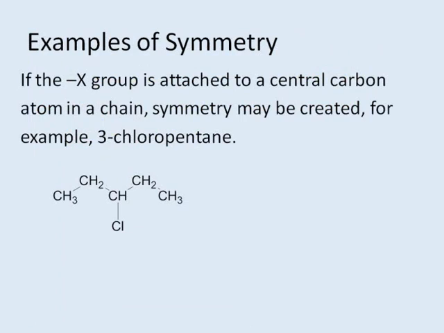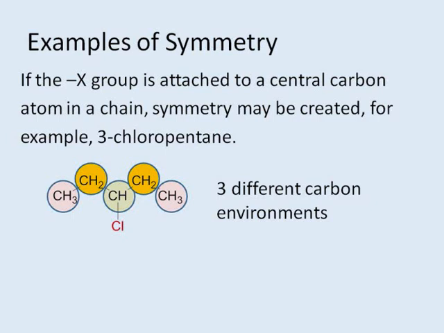If an X substituent is attached to the central carbon atom in a chain, symmetry may also be created, for example 3-chloropentane. However, it is worth noting that this only works with a carbon chain containing an uneven number of carbon atoms.